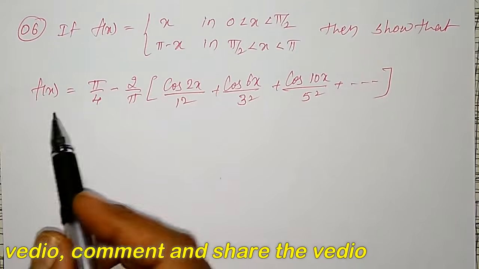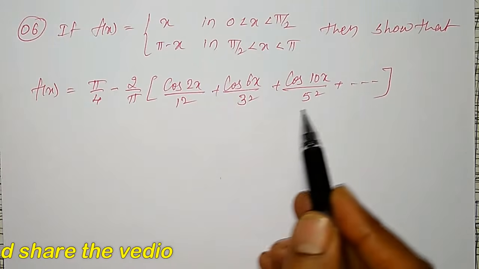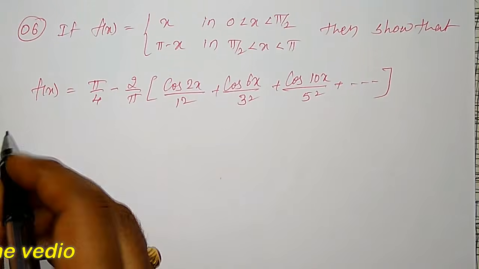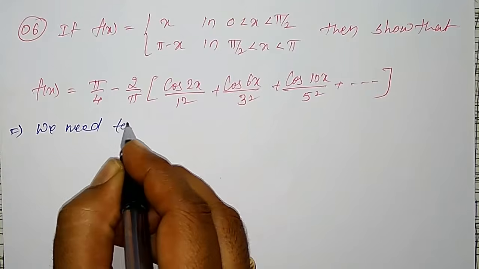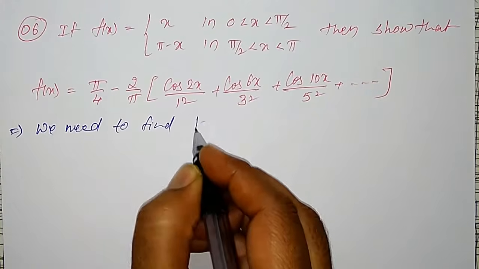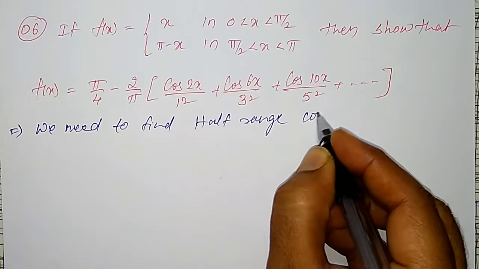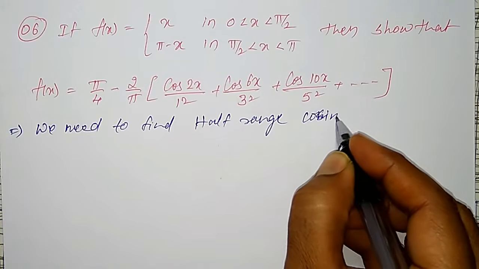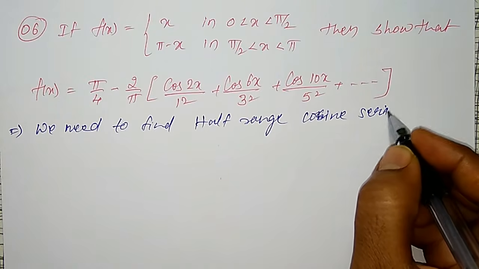And you can observe here what I have to show: it contains only cos terms, it is not containing sine terms. Therefore, we need to find the half range cosine series.